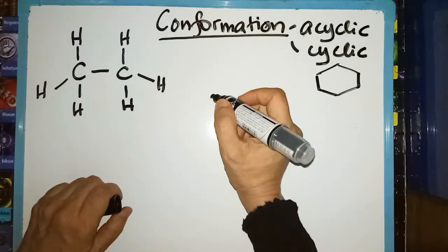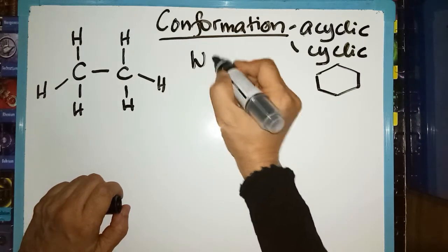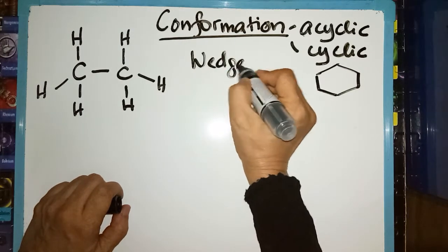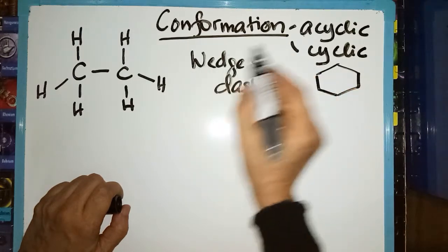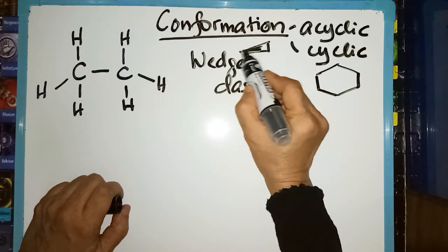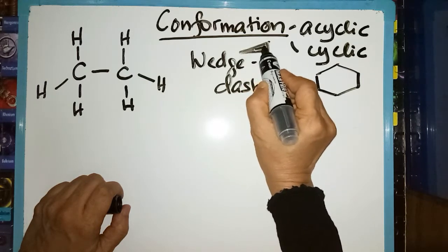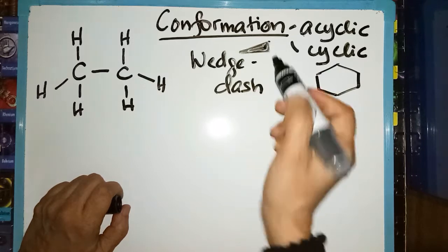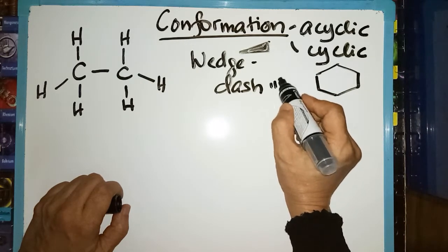Okay, when I don't want to put it in 3D form, what I need to do is use what we call wedge and dash. Okay, so the wedge is, have you seen potato wedges before? So this is about the form, the way that we write it, like a potato wedge. Another one we call dash, is like this.